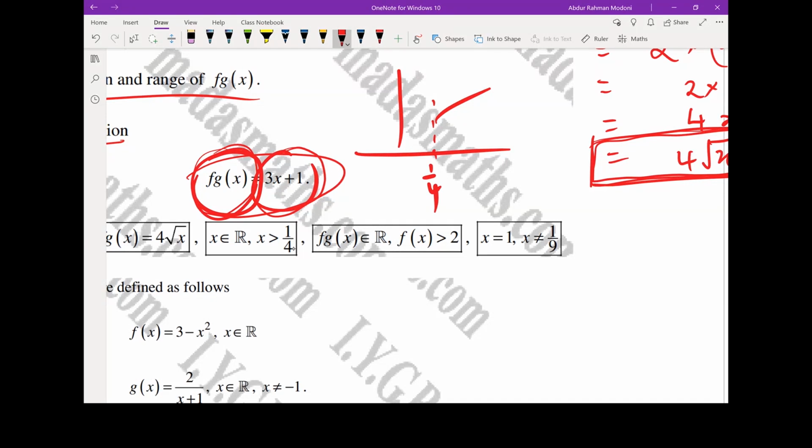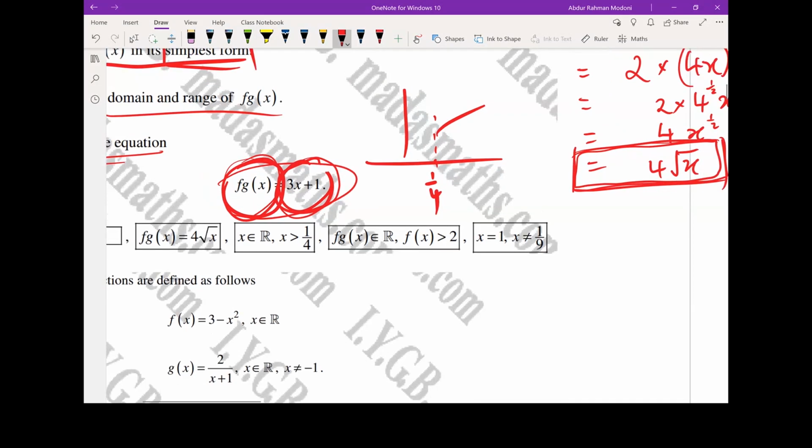So there won't be any intersection at 1 over 9. This is where the graphical understanding will help you to figure out why x equals 1 over 9 doesn't exist, because the curve doesn't exist for x equals 1 over 9. fg of x doesn't exist for that part. Okay, so any questions about that?